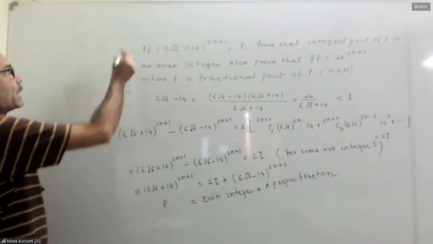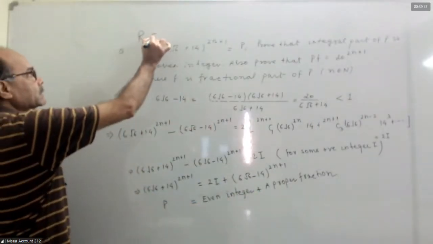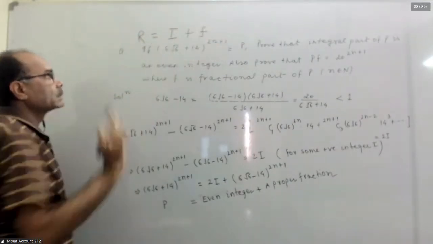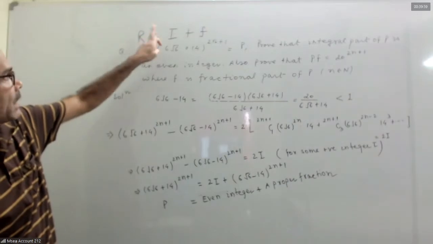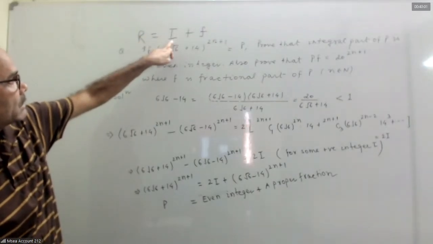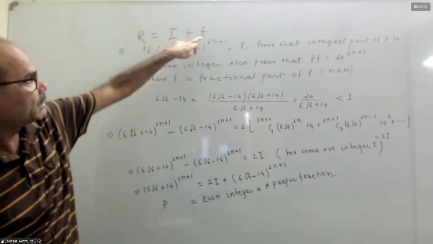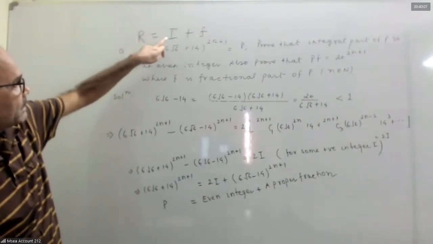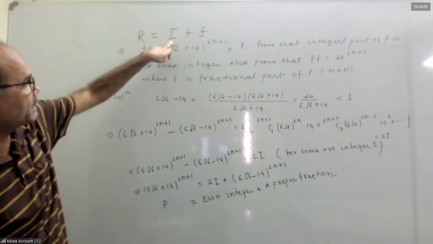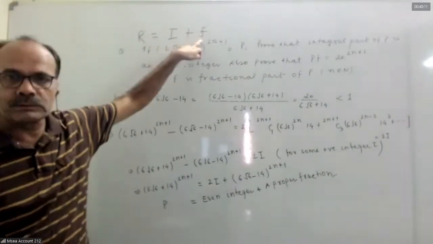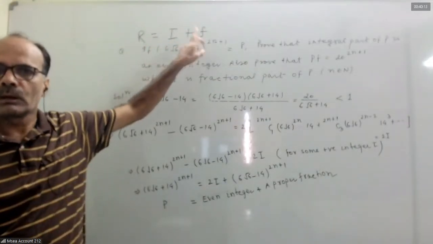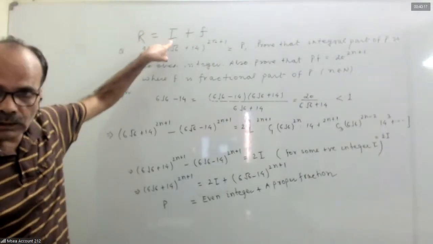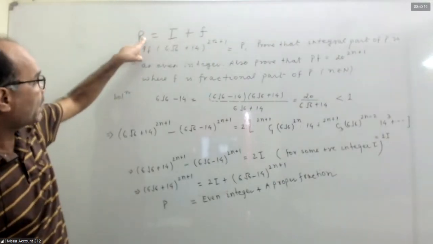Any real number r, if you are able to write it in the form of some integer plus a number in between 0 to 1, we call it the integral part of r is I, the fractional part of r is f.